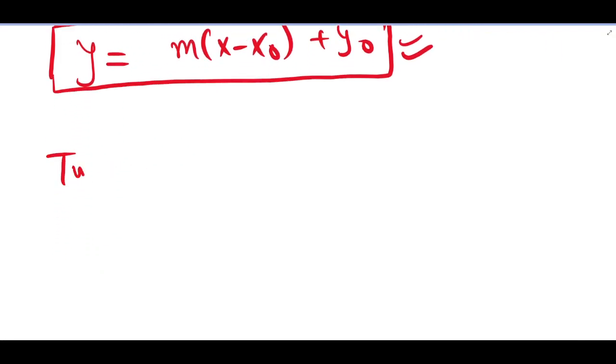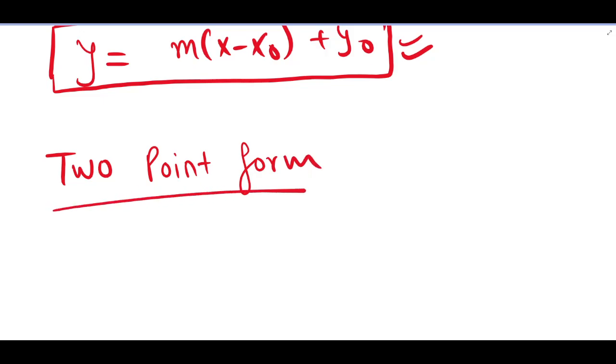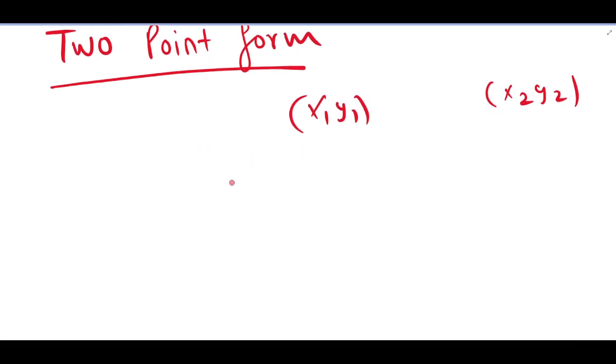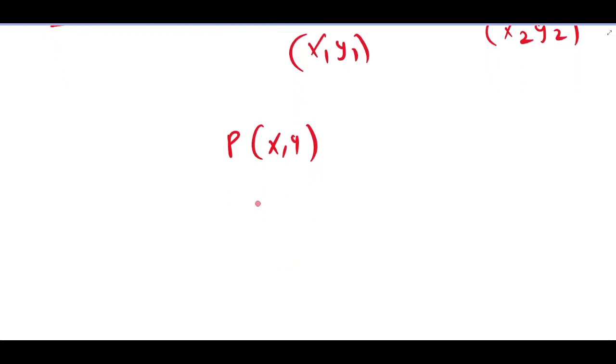Next is 2-point form. We are given 2 points on the line, x1 y1 and x2 y2, and we have to find the equation of line. From the condition of collinearity, consider any point P whose coordinates are x comma y, which lies on the same line.